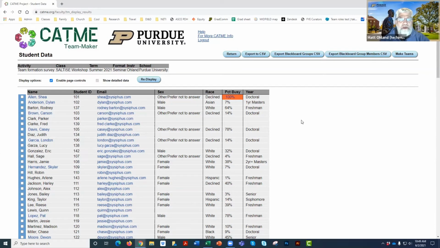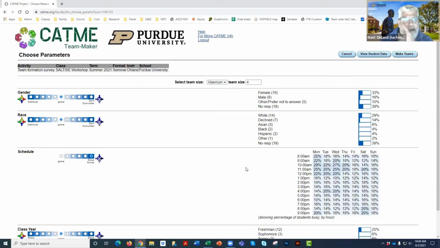So once we review this and we go to make teams, it shows us both a summary of responses and it allows us to set the criteria that we're interested in. In this case, we have a reasonable distribution of males and females, so it makes it easy to consider not outnumbering females as a good criterion.